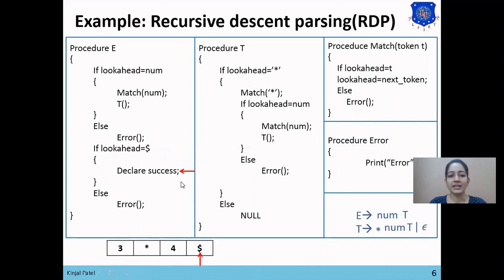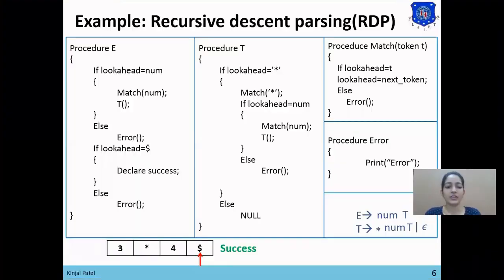Okay, so declare success means our string has been parsed successfully. So the string 3 star 4 $ has been parsed successfully as there are no errors in this string.